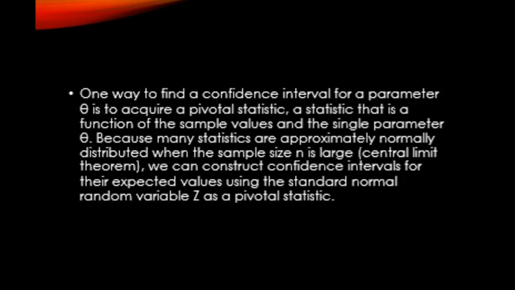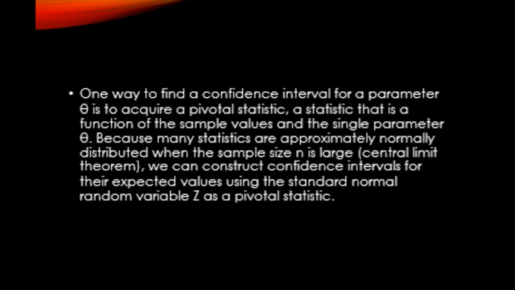Now let's see how we can find this confidence interval. One way is to use the generalized parameter theta and acquire a pivotal statistic. That statistic is a function of the sample values and a single parameter theta. So we pick a sample from the population and calculate this pivotal statistic, which is a single value.